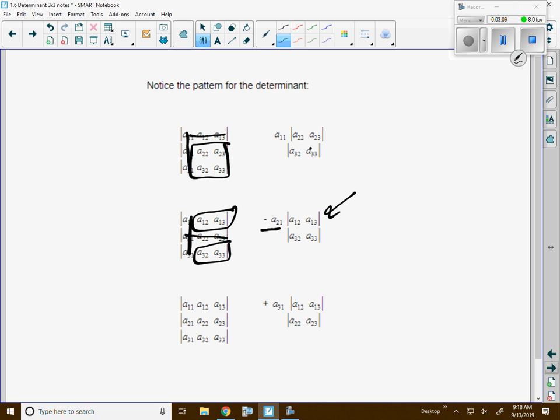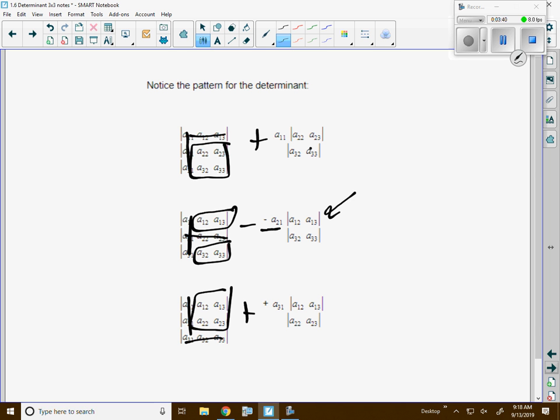Well, there's this pattern that we have to use, and it's plus, minus, plus. That's a pattern that we implement in addition to the work that we're doing, and I'll touch more on that in a second. But that's why that negative is there. And then if I'm doing A31, I would cross out the row and the column that have A31, and I'm left with this minor, which is right here. So that's what all of that means.